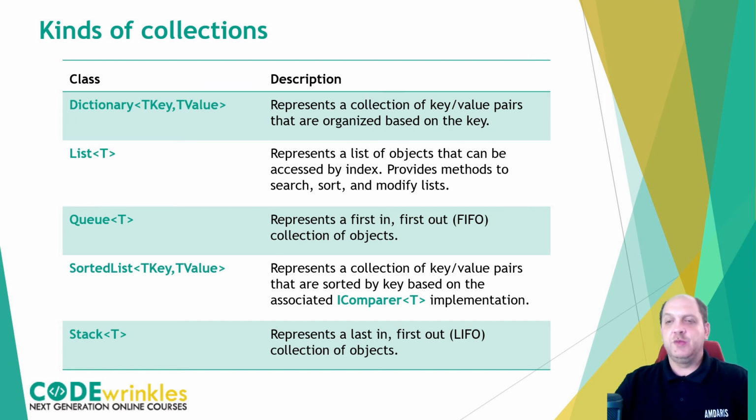Then we have the really most common collection type that you will use on a day-by-day basis. If you start working as a developer, there will be no day in which you won't work with a list.